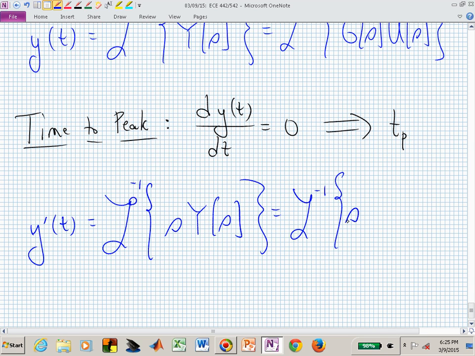Now if we had G of s, which was omega sub n squared over s plus sigma squared plus omega sub d squared, let me write it a different way so I don't have to squeeze quite so much in. That was our G of s.